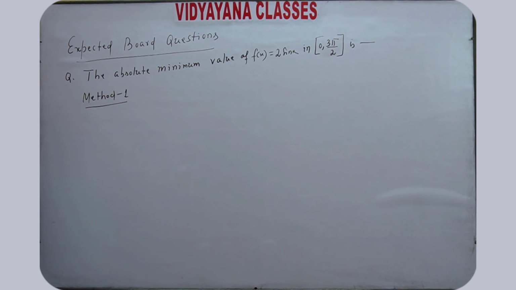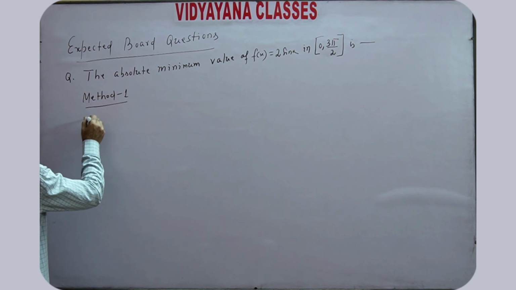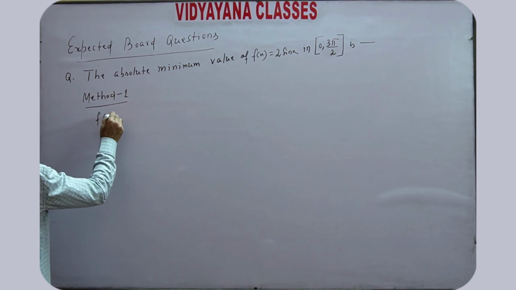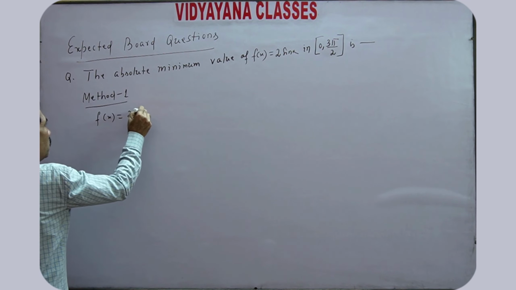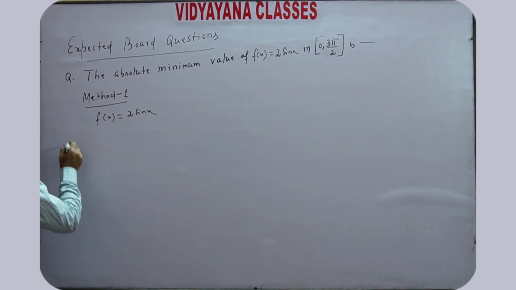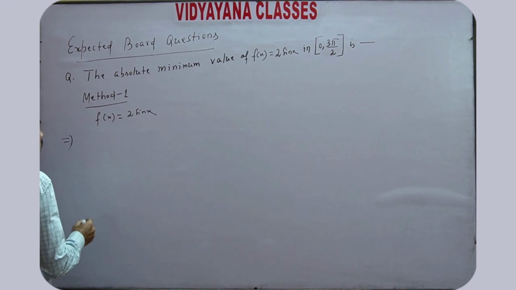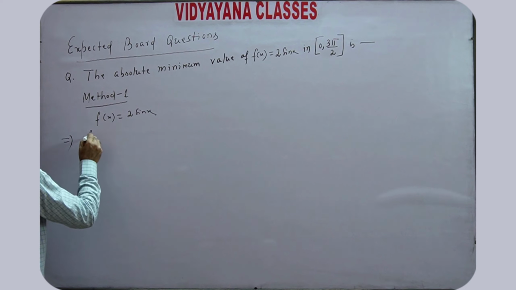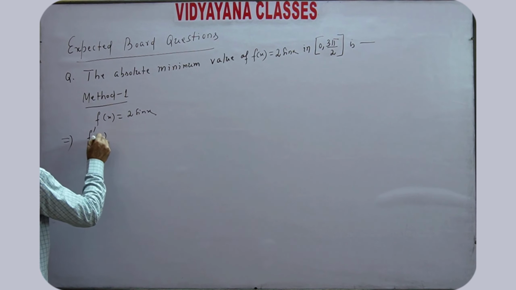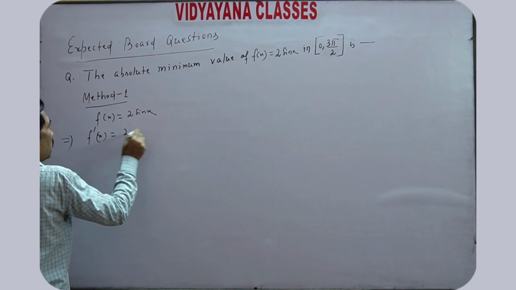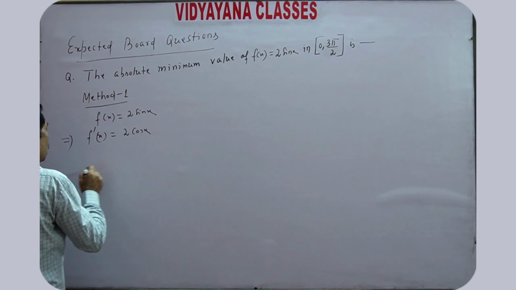First method, f(x) is equal to 2 sin x. Differentiating both sides with respect to x, which gives f'(x) is equal to 2 cos x.